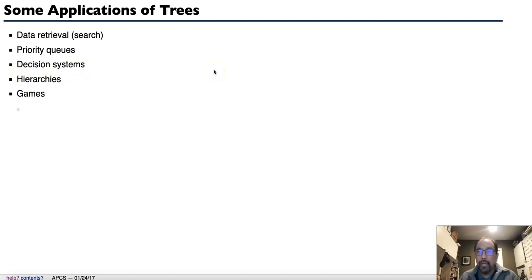You can imagine, you choose either A or B, and if you choose A, you go down this route, and then based on your decision A, you have more choices, and then depending on that choice, you go down this route. And so decision-making applications are a very good use for trees.